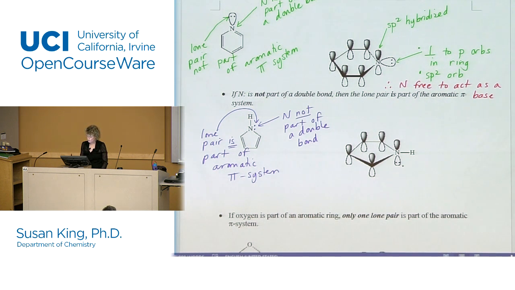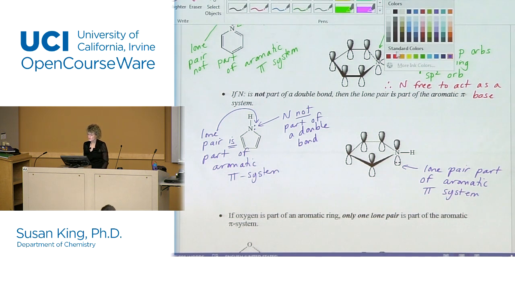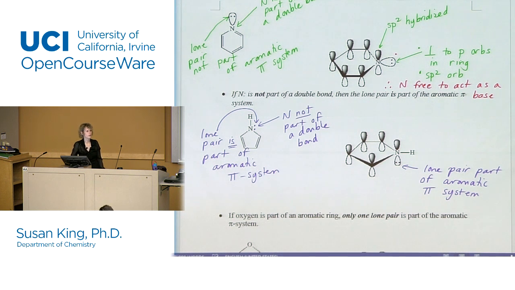So that lone pair is part of the pi system, part of the aromatic pi system. And what that means is that if we protonate nitrogen, that ring's no longer going to be aromatic. That's not going to happen, right? We're not going to protonate nitrogen and make that ring not aromatic.